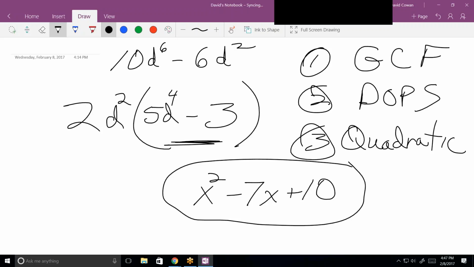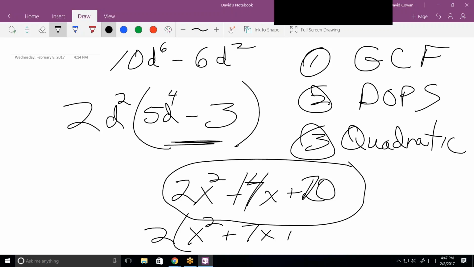Now, whenever that's the case, you're almost never going to find a greatest common factor when you have all 3 of these terms. I mean, there might be a greatest common factor if that was a 2, that's a 14, and that's a 20. Now I can take out 2, but it leaves behind what I had before. And so the problem still becomes factoring the quadratic.